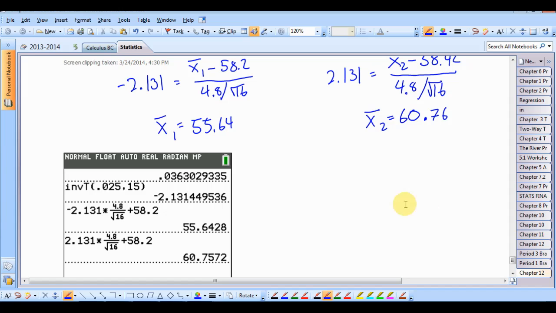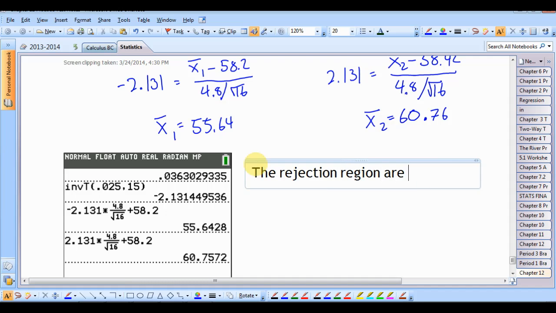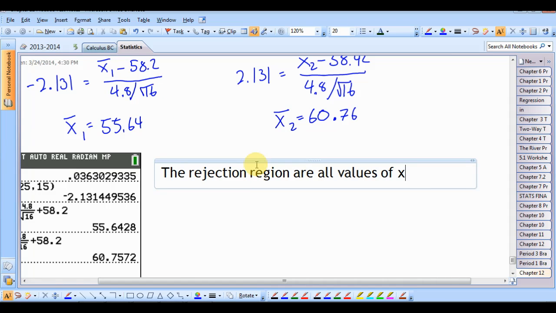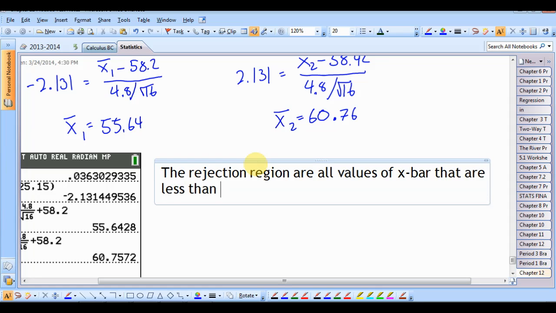Okay, so the rejection region. The rejection region is all values of x bar that are less than 55.64 or greater than 60.76.